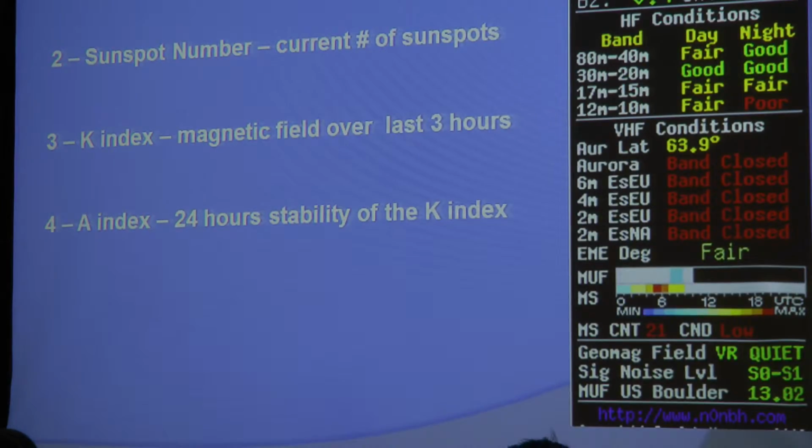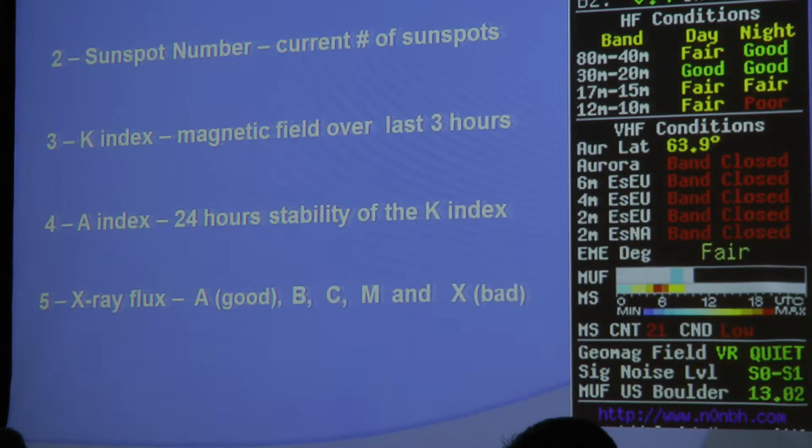If the A index is low, let's say the A index is 1, but the K index all of a sudden is 6 or 7, then over the last 24 hours we've had real good geomagnetic conditions, but something just happened. We had a solar disturbance or something, and so while this is a prediction, it's probably going to be very accurate because something's going on.